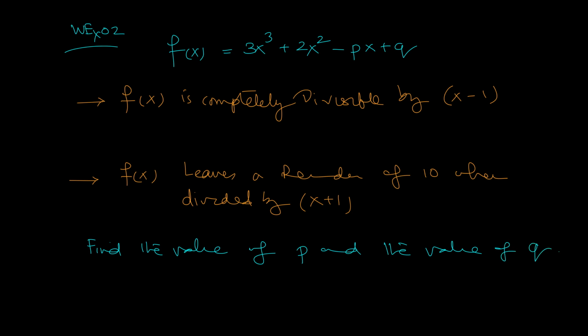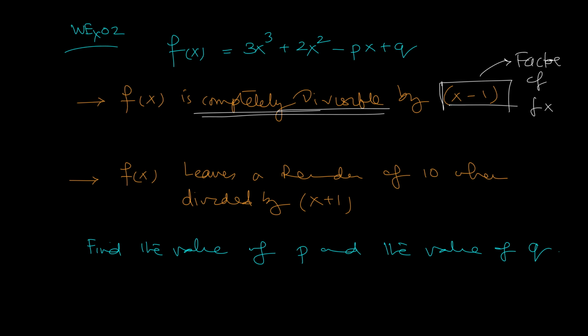So first of all, when it says f(x) is completely divisible, what does it mean? It means that x minus 1 is a factor of f(x). That means f(1) should equal 0, because this is the application of the factor theorem. Similarly, the second piece of info is f(x) leaves a remainder of 10 when divided by x plus 1.